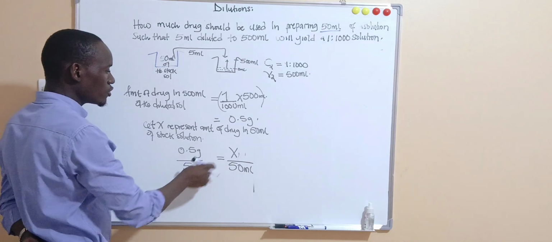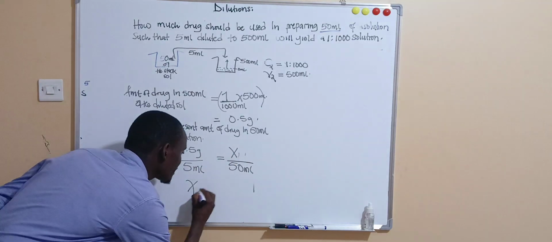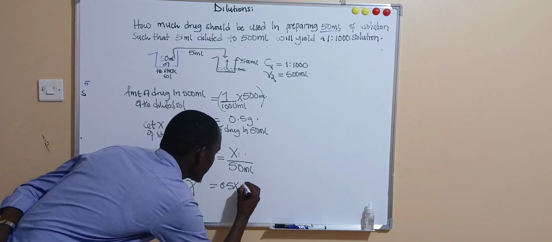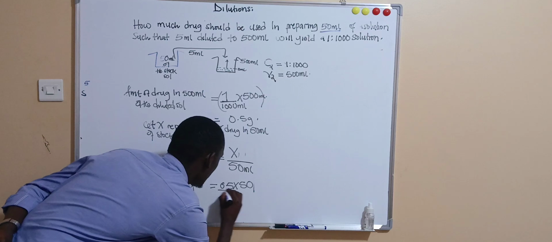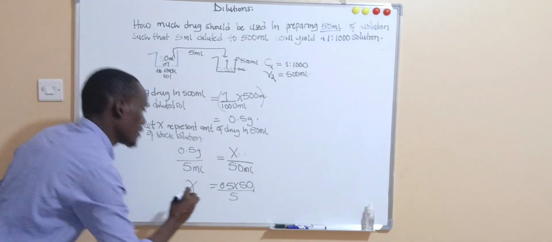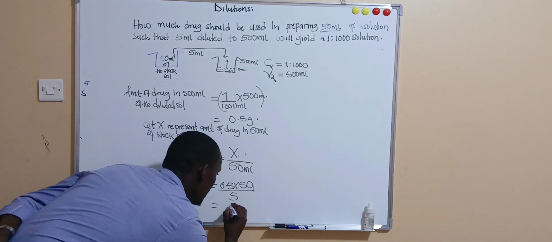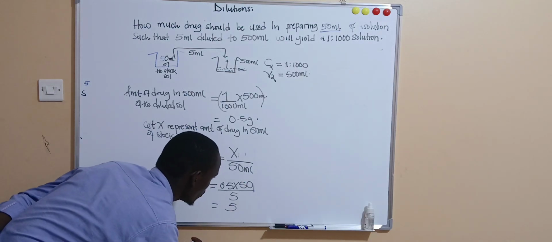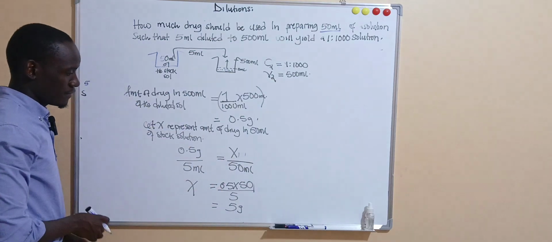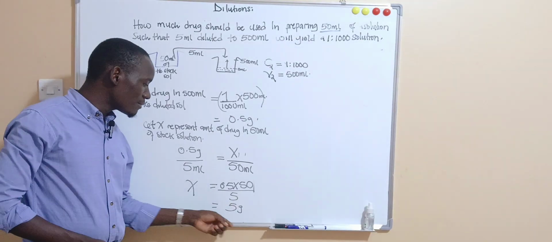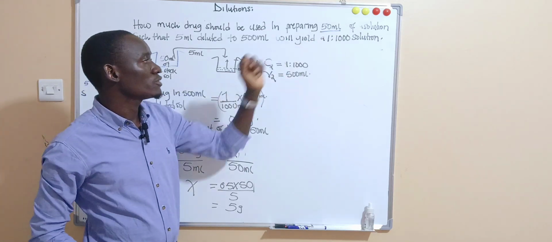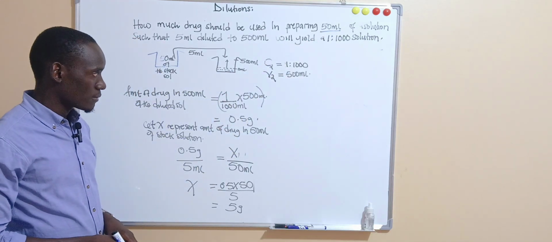So when we cross multiply, we shall have X being equal to 0.5 times 50 divided by 5. Finally, we shall have X being equal to 5 grams. So we have 5 grams of the drug in 50 ml of our stock solution.